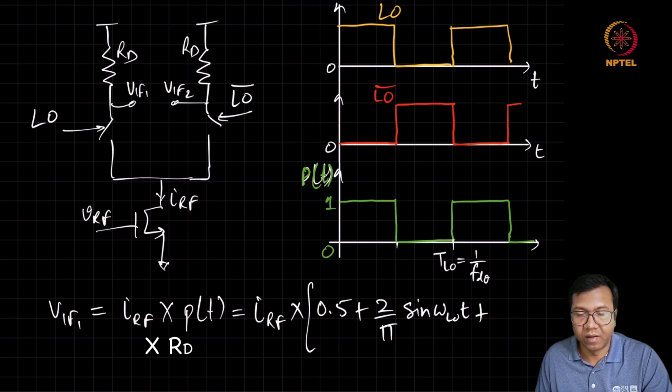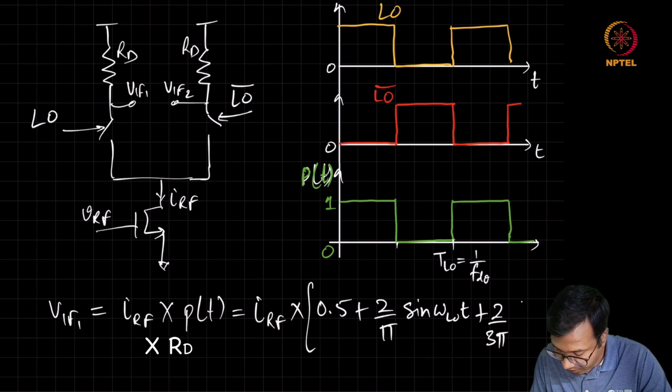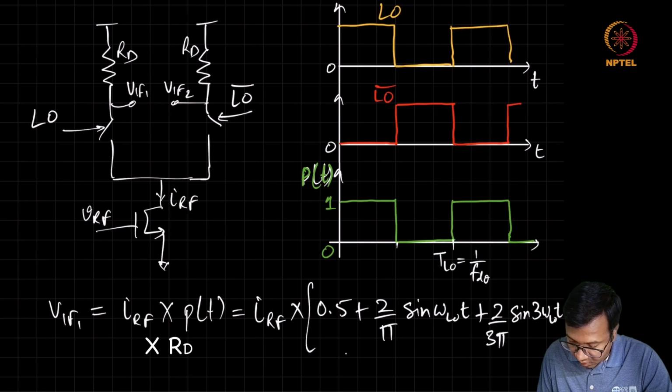Plus for this 50% duty cycle square wave, we'll be having a third harmonic, 2 by 3 pi sine 3 omega LO t, a fifth harmonic and so on.